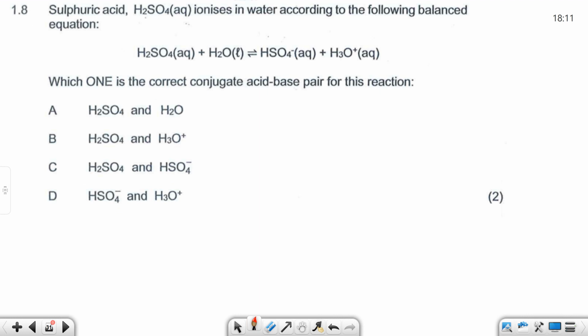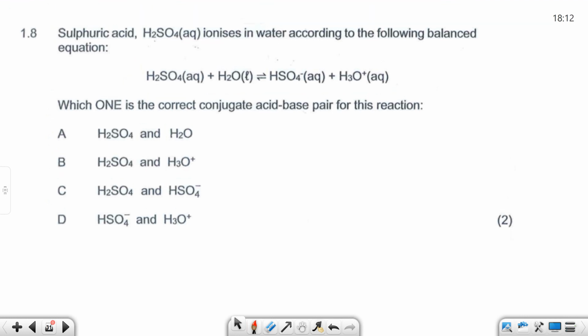All right, guys. Let's leave all of this then. Let's do acid and base. Sorry about that. Sulfuric acid ionizes. Please give me an answer. This one we must get right. Which one is the correct conjugate acid and base pair for this reaction? 60 seconds.